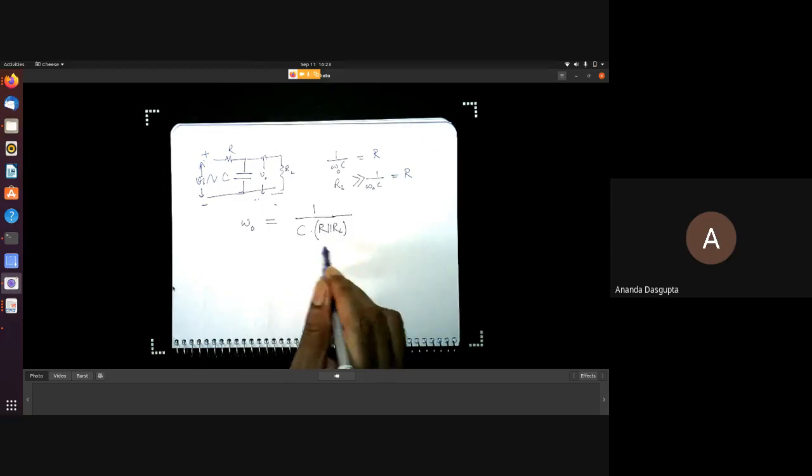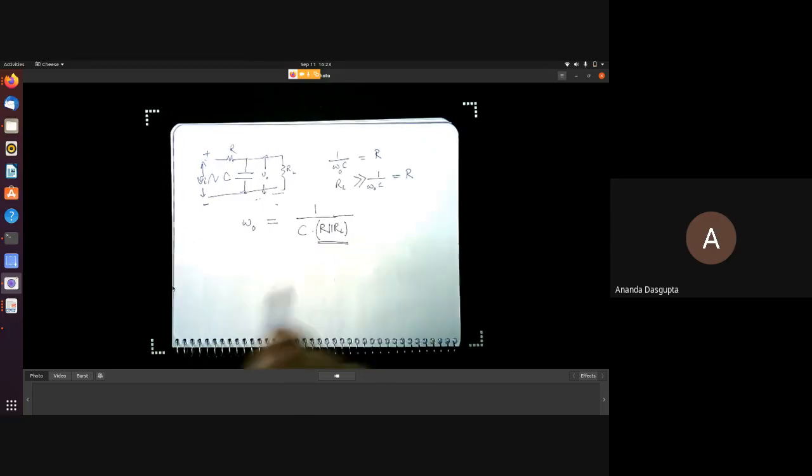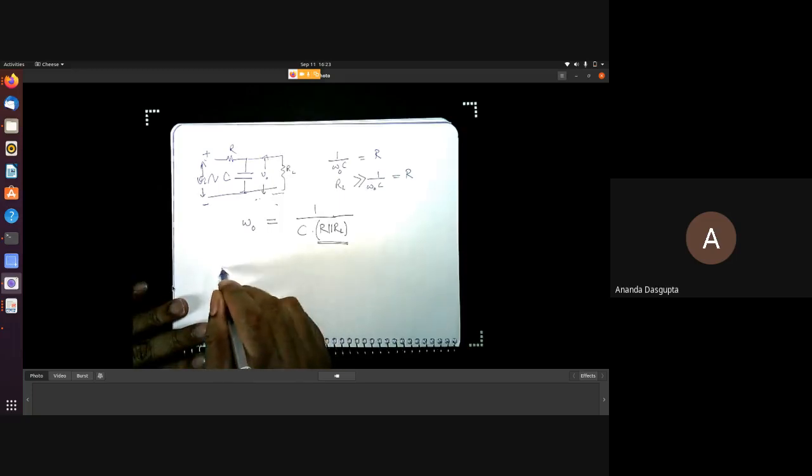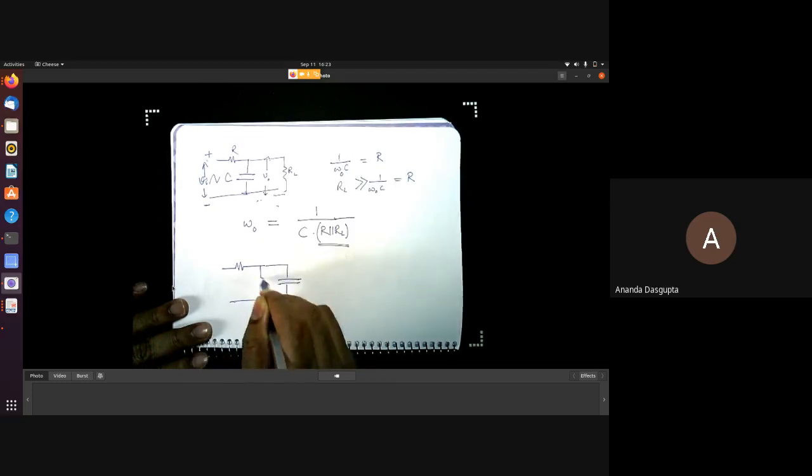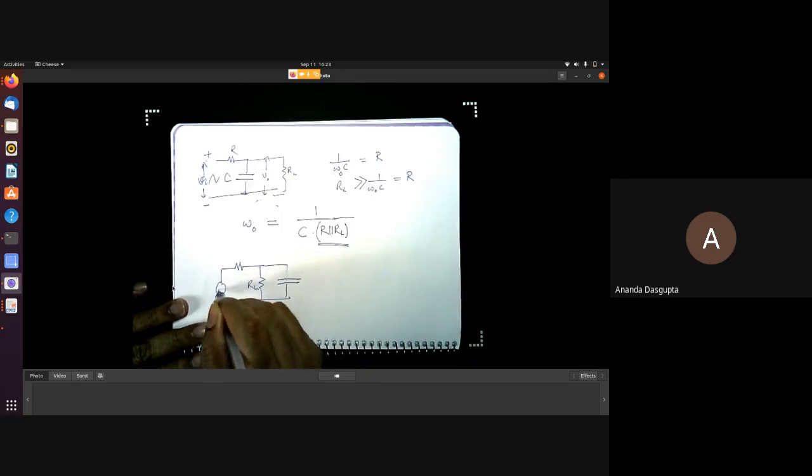Now, why do you think this is correct? If you do the calculation, of course, you will get that. But there's a much easier way of answering this. Just think of it from the point of view of the capacitor. Let's put the capacitor outside, I mean just on the other side. I hope everybody recognizes that this is the same circuit, right?